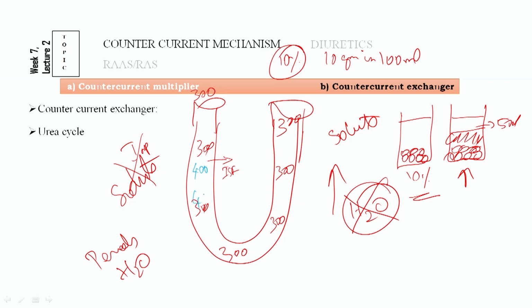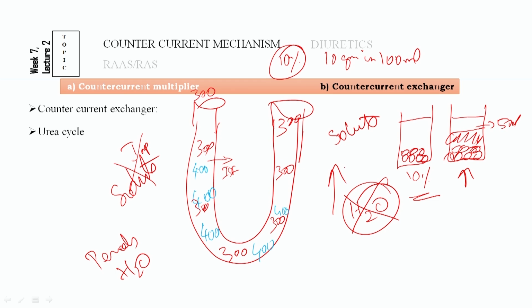So for example, now again it becomes 400 here, right? Now this is of the descending limb. Let us move to the ascending limb now. Now the ascending limb, it is having 300, right? Here it is permeable to the solutes but not to the water.